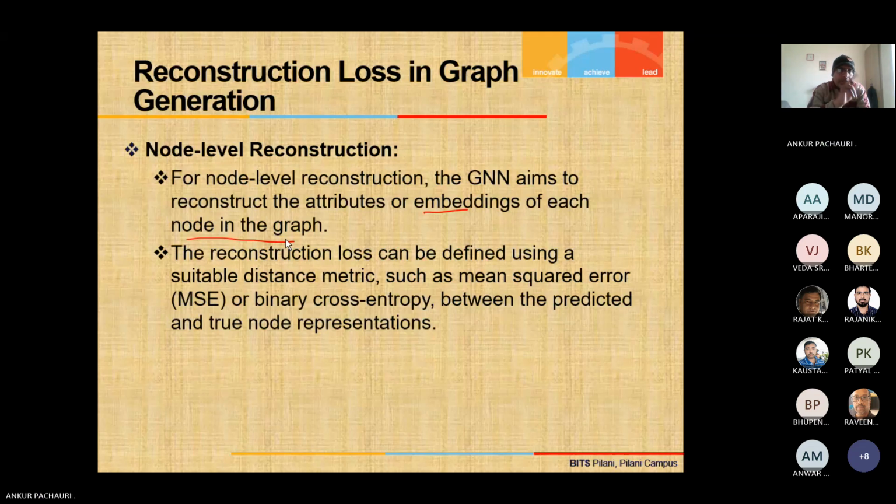For node level reconstruction, we have to make the difference as small as possible. The reconstruction loss can be defined using a suitable distance metric, either mean square error or binary cross entropy between the predicted and the true node representation.